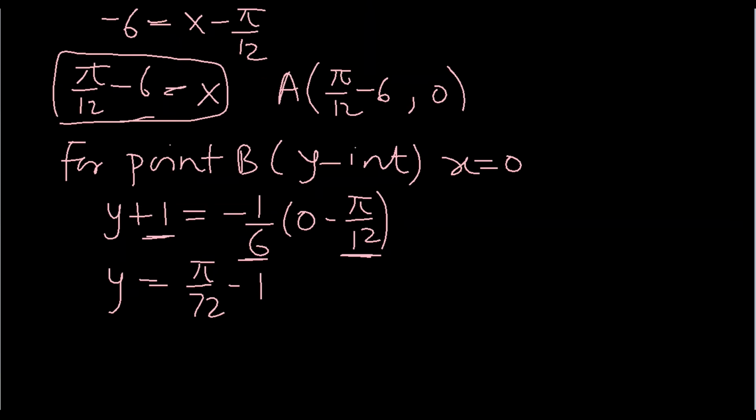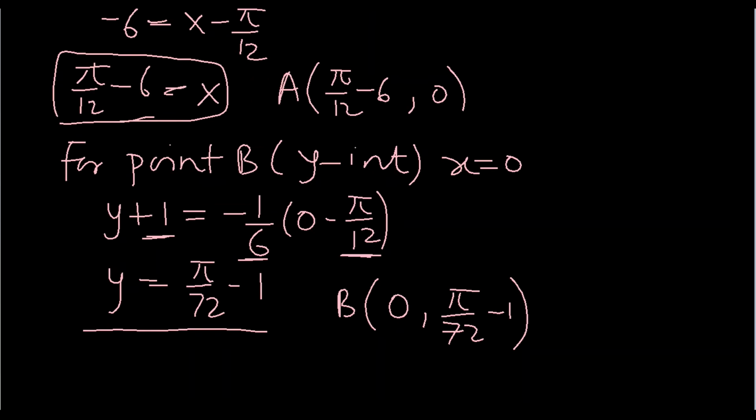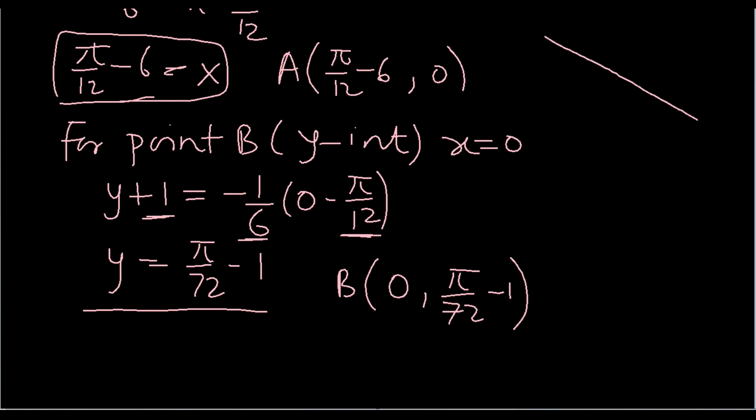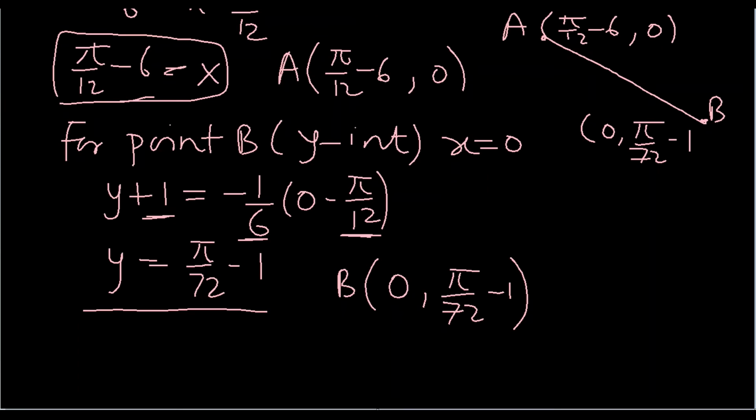This plus 1 goes to the right side, becomes minus 1. This becomes the y coordinate of the y-intercept. So point B becomes 0, pi by 72 minus 1. We got the coordinates of A and B. Now let me write this visually somewhere here. So there is point A, coordinates are pi over 12 minus 6, comma 0. This is point B, its coordinates are 0, comma pi by 72 minus 1.